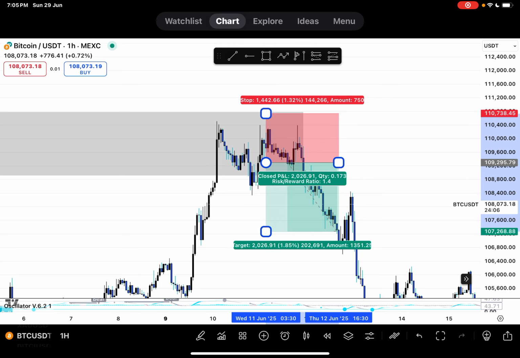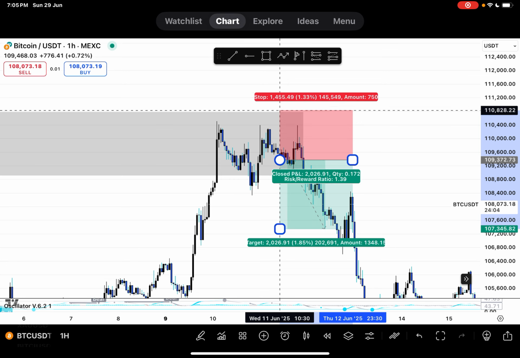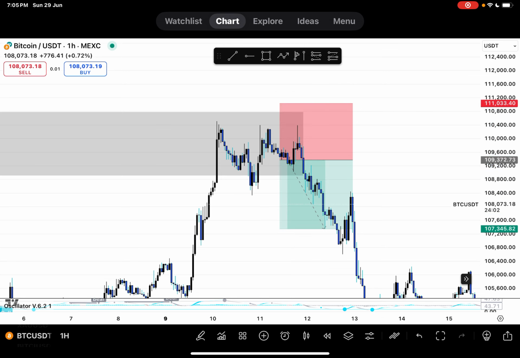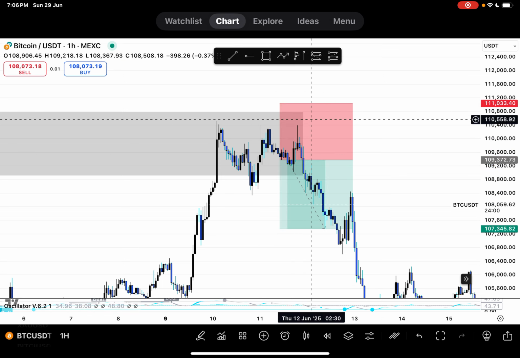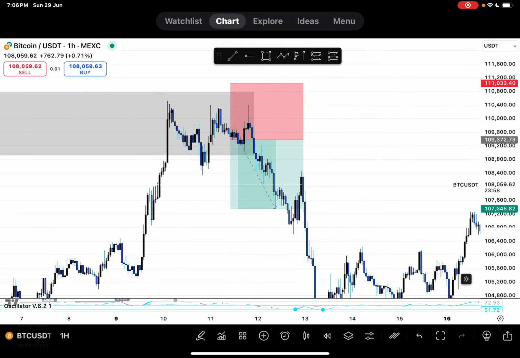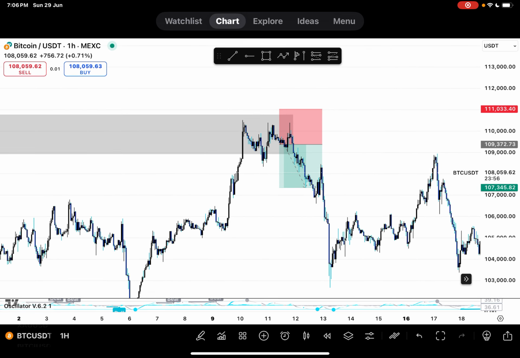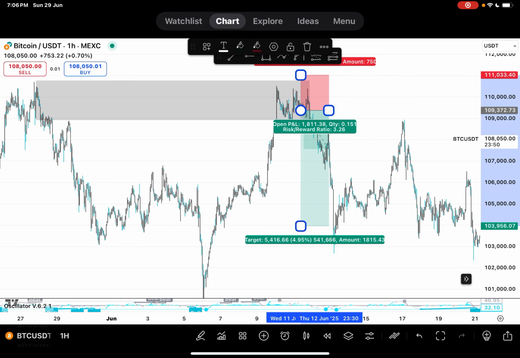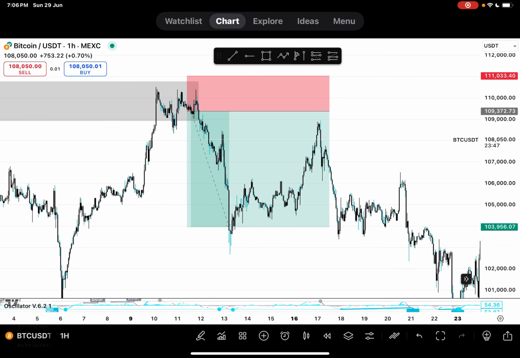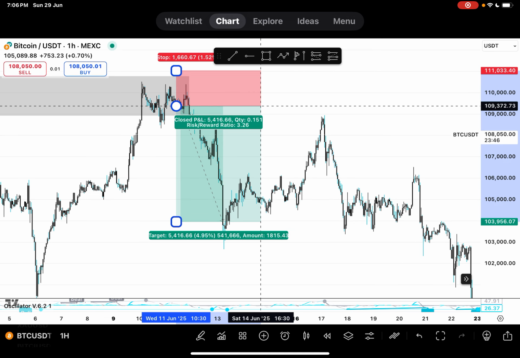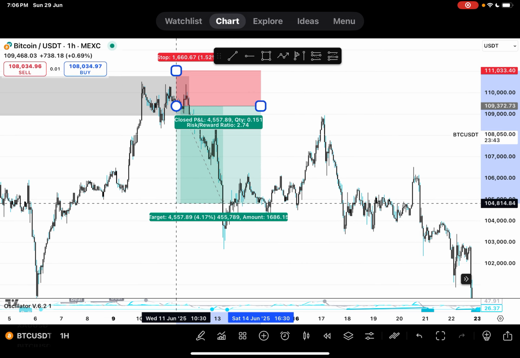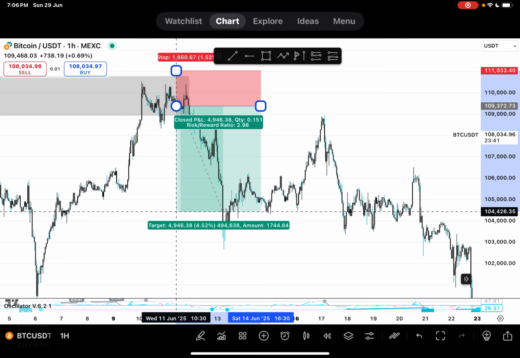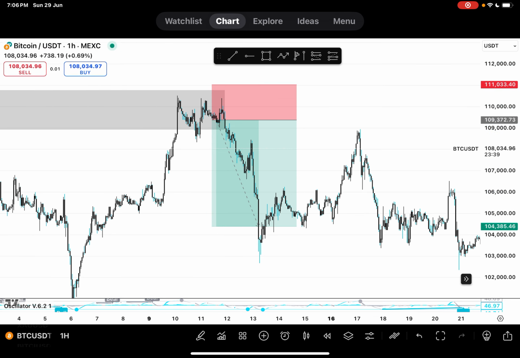So if we are entering here, we put the stop loss above this high, so that even if the market goes against us, we don't get stopped out like other retail traders. And when the market came here, we did not get stopped out. We gave it a bigger stop loss and a bigger take profit to maintain our risk to reward, and we got our TP with a good 1:3 risk to reward. Great.